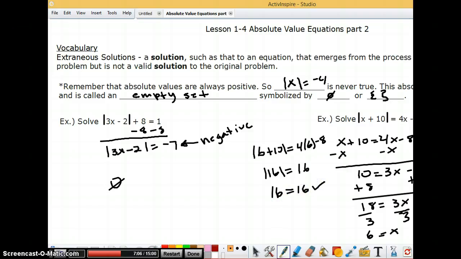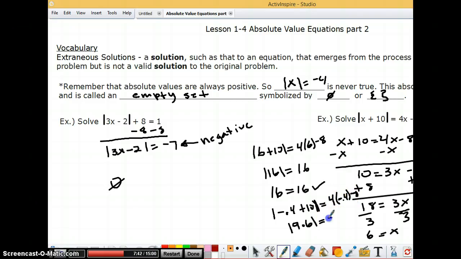Negative 0.4. So if we put that in here, we get the absolute value of negative 0.4 plus 10 is equal to 4 times negative 0.4 minus 8. That's going to give me the absolute value of 9.6 equals, so 4 times 0.4 is 1.6.